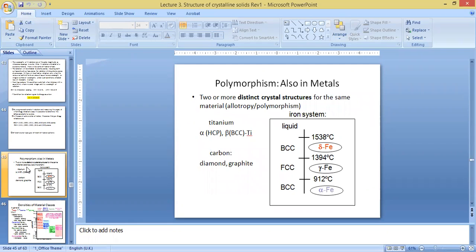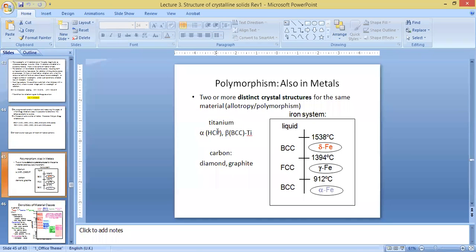Coming down to a temperature of 1394, it transforms to FCC. It becomes gamma iron. Then as it drops to 912, it goes back to BCC, and that is alpha iron, or alpha ferrite, as we usually call it. Titanium also changes.